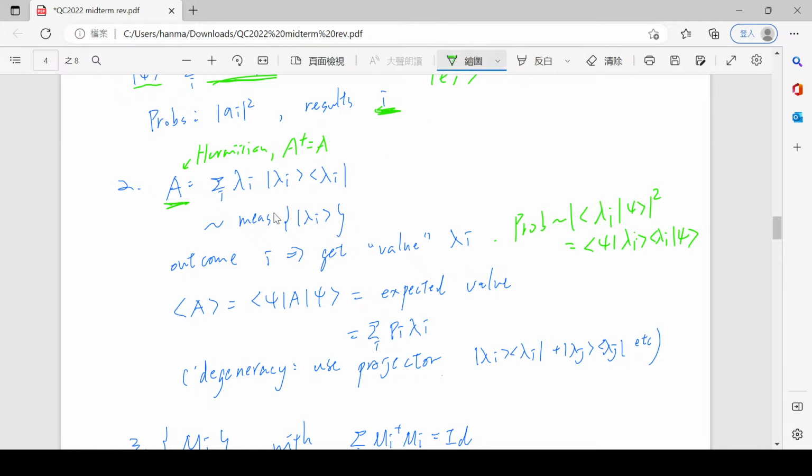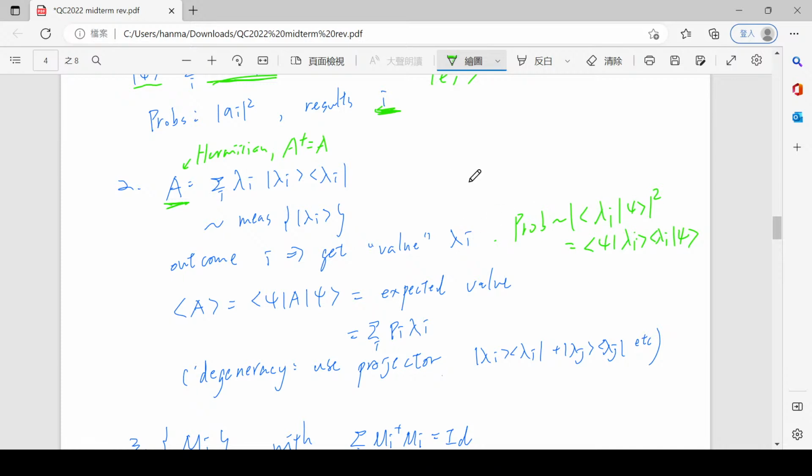You just have a different kind of interpretation. So when you get outcome i, you also collapse your state back to this lambda_i, but you are thinking of this as some physical value. So instead of getting i, you say you get this lambda_i. Like you measure your position to be lambda_i or something.